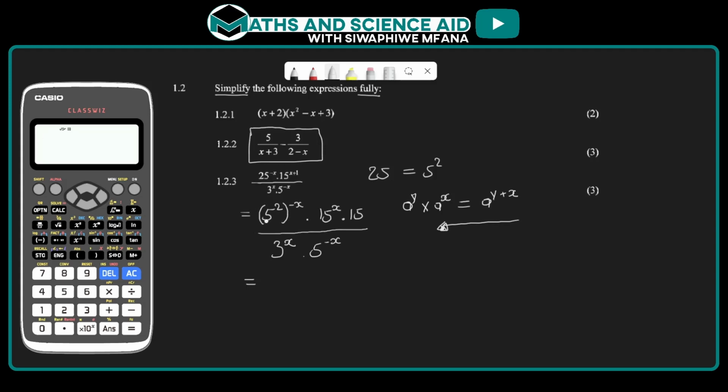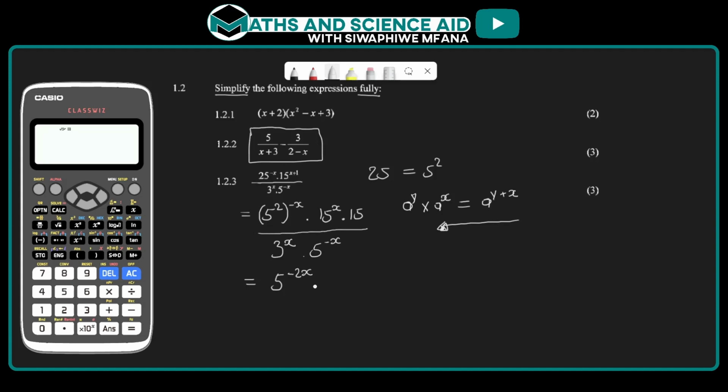And again, we are going to do that using the laws of exponents, which tell us that whenever you have something like this, you can write it as 5 to the power of 2 multiplied by -x, okay? And so, of course, 2 multiplied by -x would simply be equal to -2x. So I'll just write this as -2x, okay?